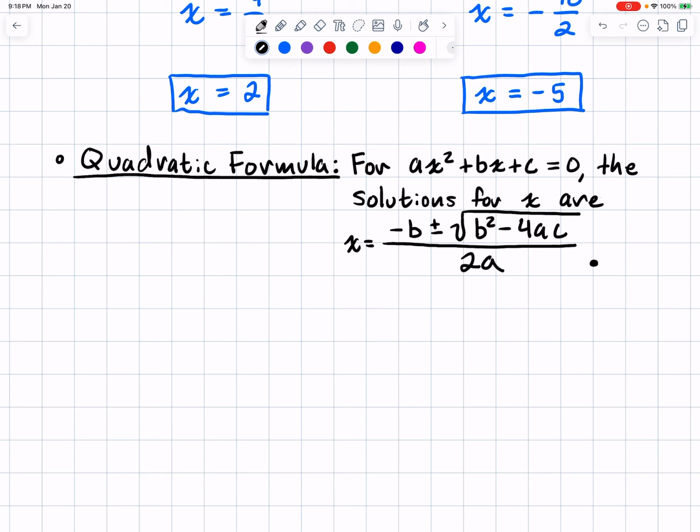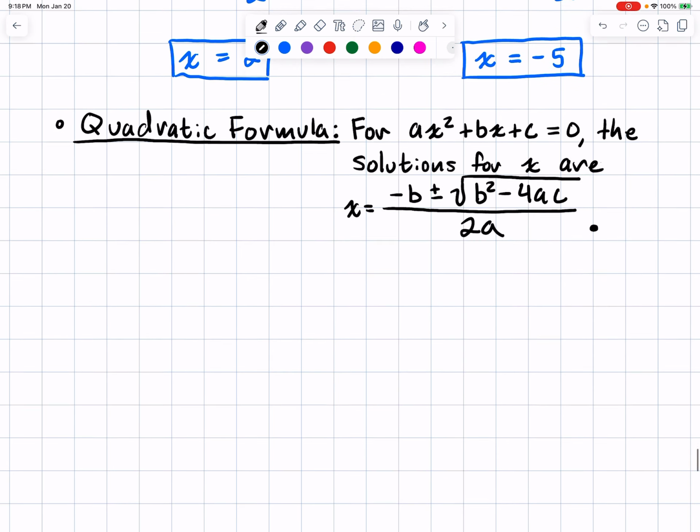So for ax squared plus bx plus c equals 0, the solutions for x are x equals negative b plus or minus the square root of b squared minus 4ac all over 2a. So let's test it out.